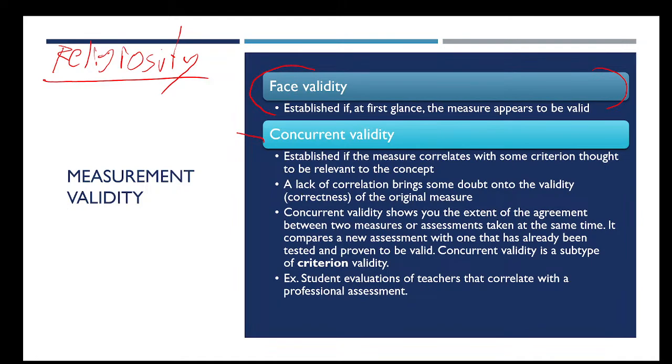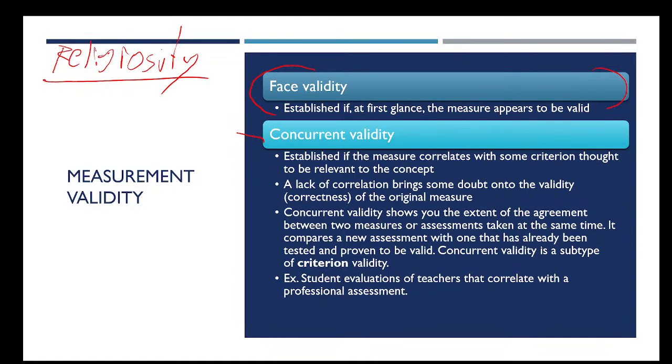So a criterion that you would think of as relevant to the concept of religiosity might be how often people attend religious services, right? Because obviously people probably aren't attending religious services if they aren't actually religious.